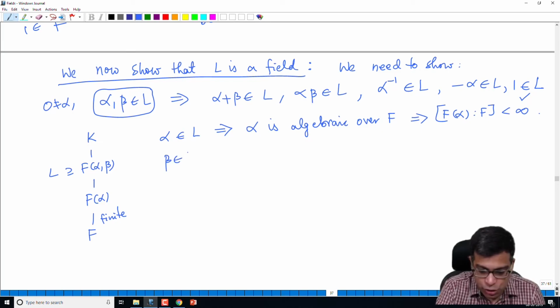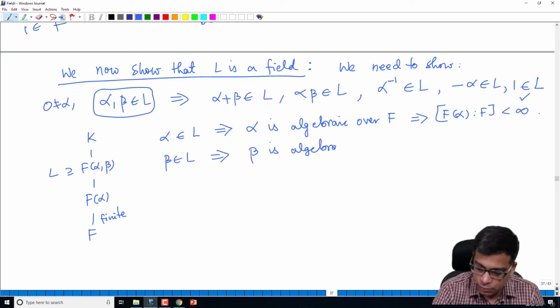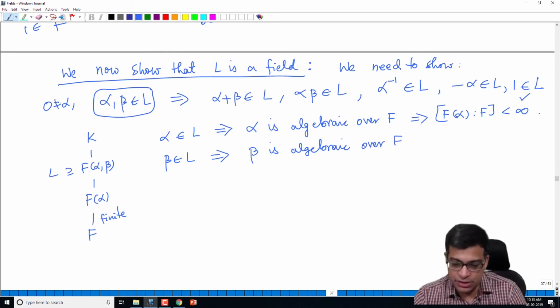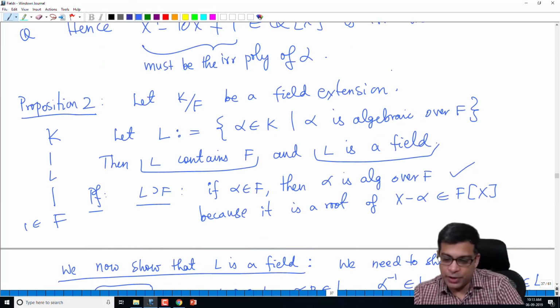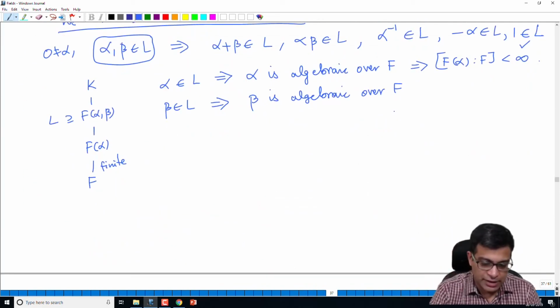Now beta is also in L, that means beta is algebraic over F, by definition, because L consists of algebraic elements over F.